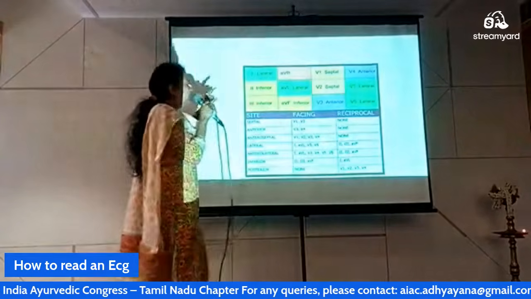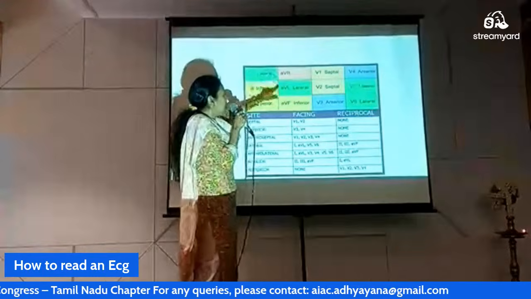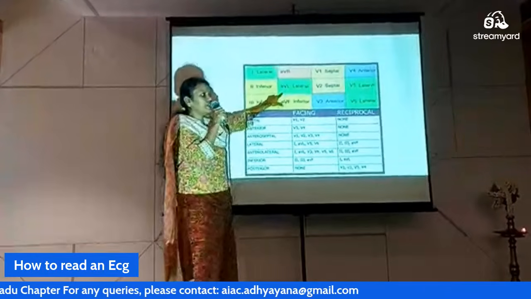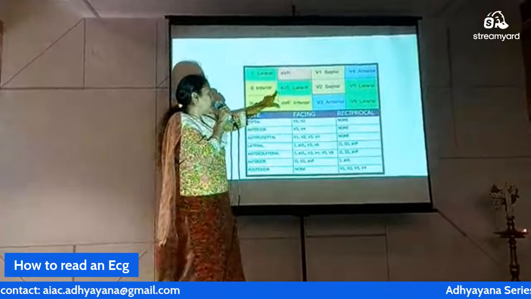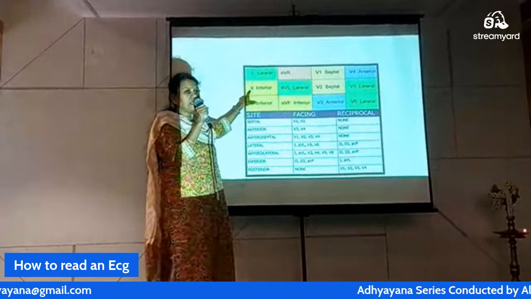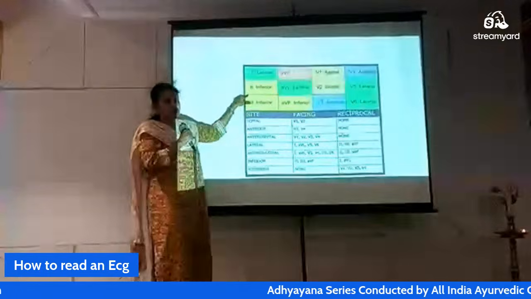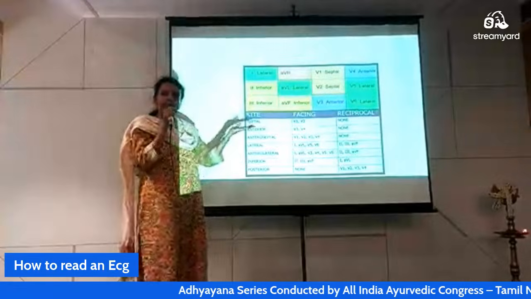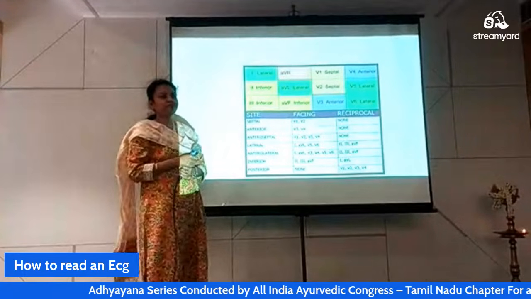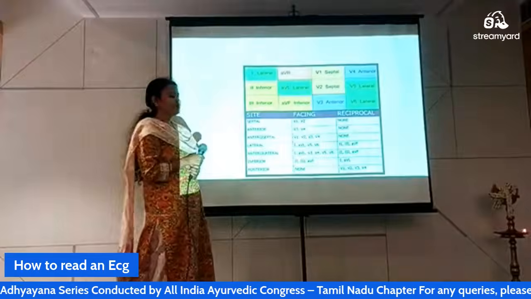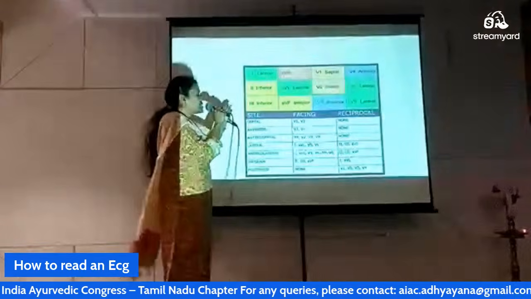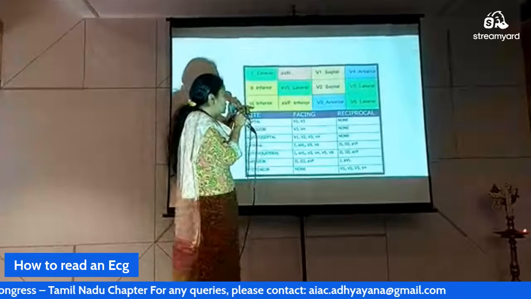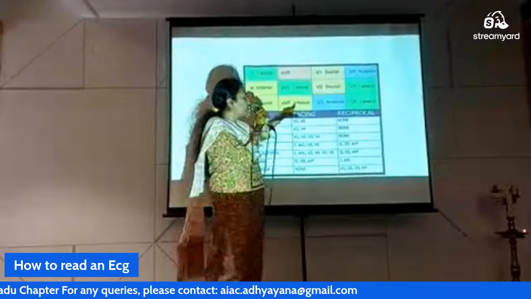If you get ST elevation in lead 1 and the lateral lead aVL, it is called a lateral wall myocardial infarction. If you see ST elevation in lead 2, 3, aVF, it is called an inferior wall MI.